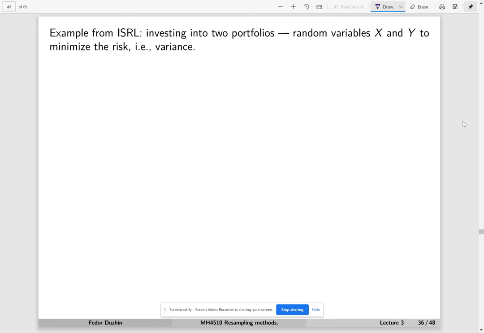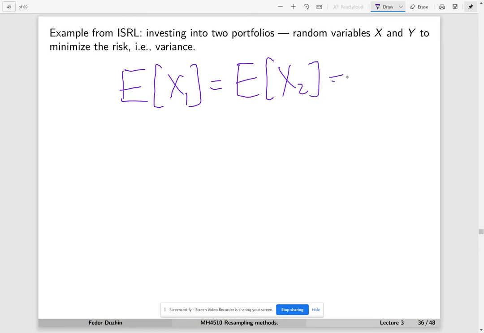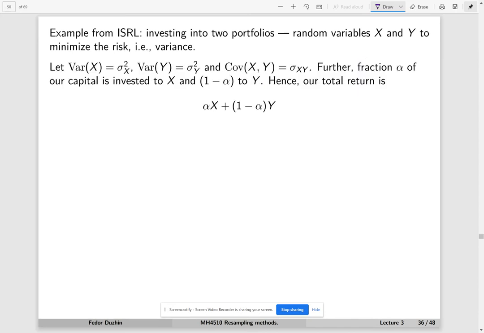Here is an example from Introduction to Statistical Learning. We have two portfolios that are random variables X and Y, and suppose the return on investment is the same, so the expected value of X and the expected value of Y are both some return r.